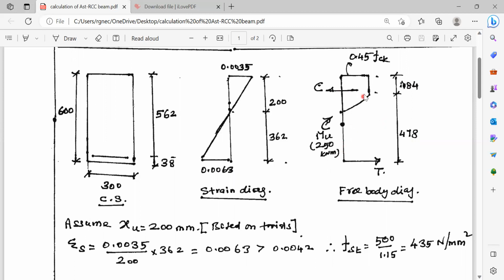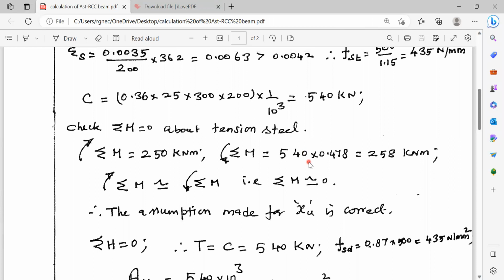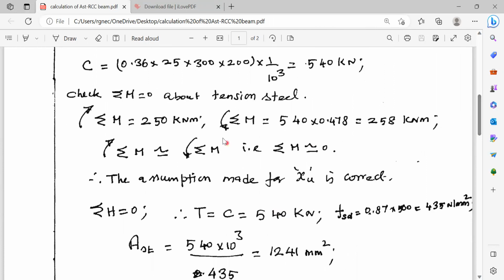Let us check whether both of them are equal or not. For the trial to be exact, sigma M should be equal to 0. That is, anti-clockwise moment should be equal to clockwise moment. The moment generated by the external moment is acting in the clockwise direction.